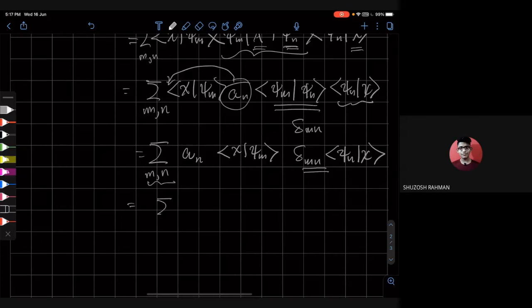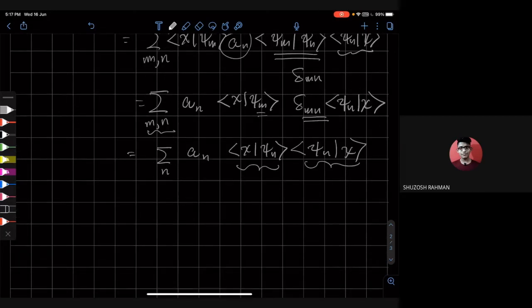Therefore, the result of this would be a_n, chi psi of n. Because of the Kronecker delta, this m becomes n, and this was already n. Now what is this? This is the complex conjugate of this. So then basically I have the sum over n of a_n, times chi psi of n squared. So the average of A is this.